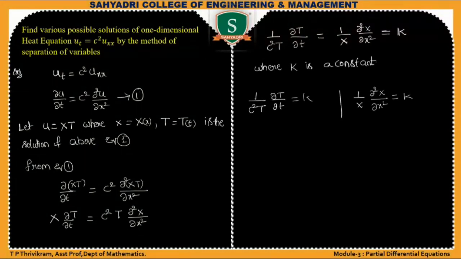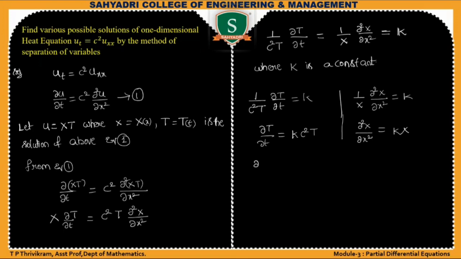Now I'll send these variables to the other side. What happens? ∂T/∂t is equal to k c^2 T. Similarly here, ∂^2X/∂x^2 is equal to kX. Now I will send this term to the left hand side.